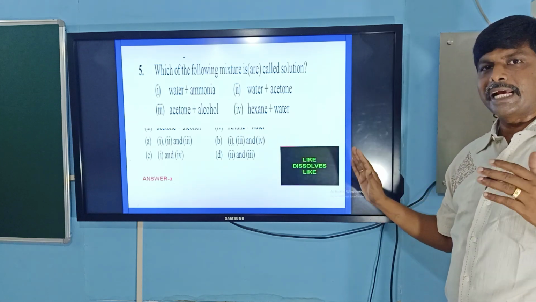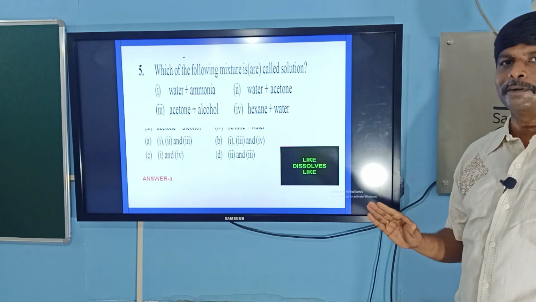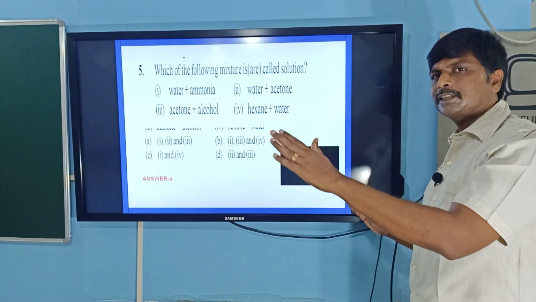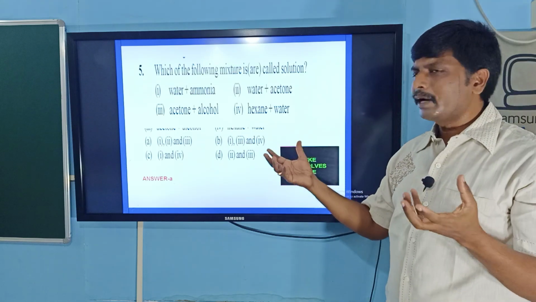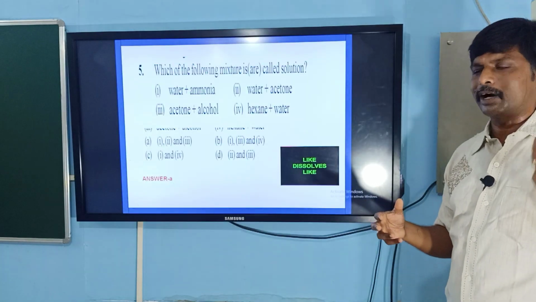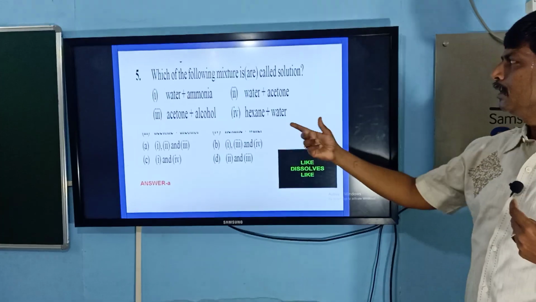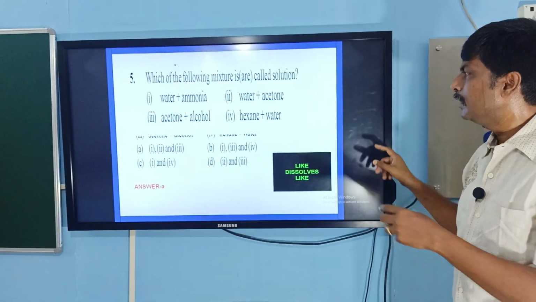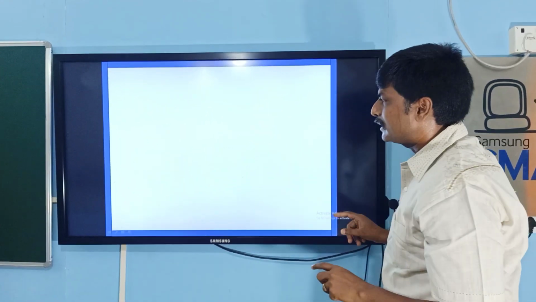Like dissolves like. Polar compounds, that means ionic compounds, are soluble in polar solvents like water. If an ion is there, or at least dipole attraction is there, then it will be soluble in water. But hexane is an organic compound, so it is insoluble in water. What is the option? A. So answer A is correct.